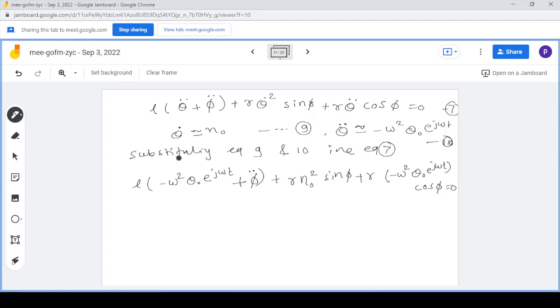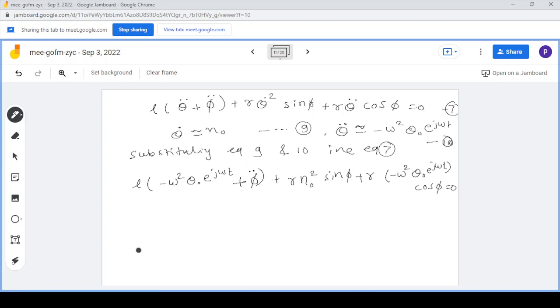Now we rearrange the terms. We combine the terms involving omega square theta 0 e raised to j omega t, and combine the terms involving phi.